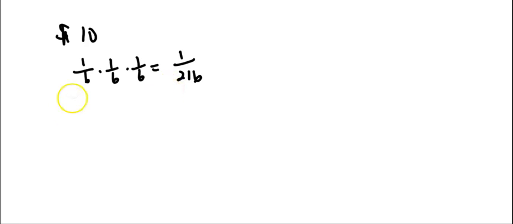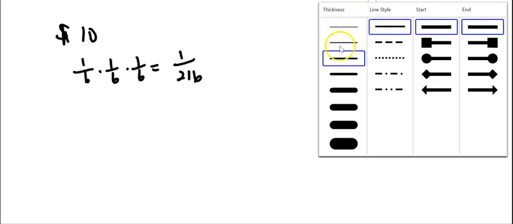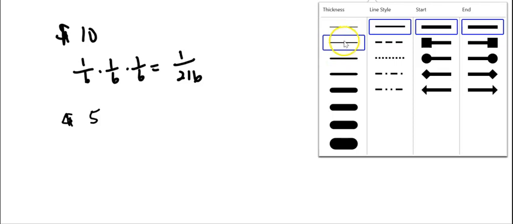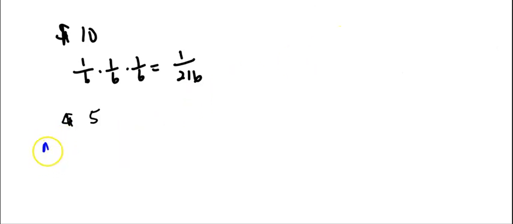So if we talk about getting $5, excuse me, that's all of the same number. So if we want all 2s, that's going to be the same as getting all 1s, so 1 out of 216. All 3s would be the same, right?